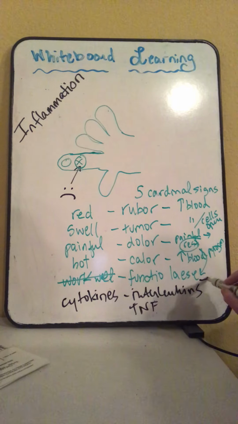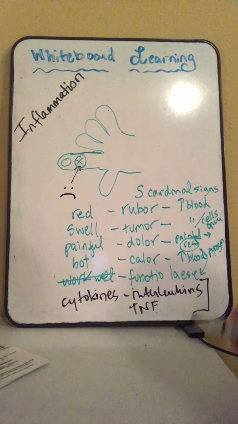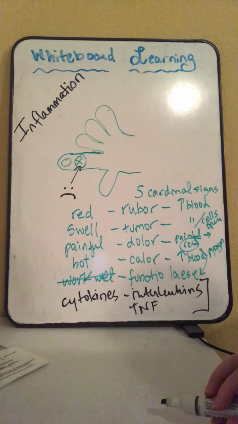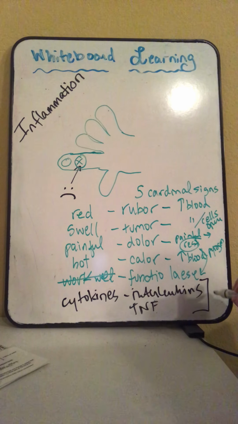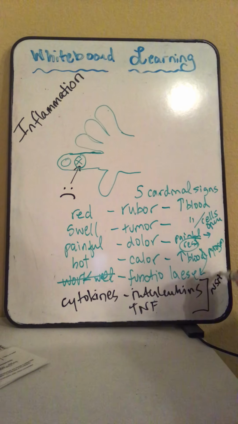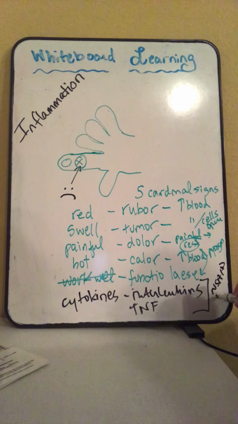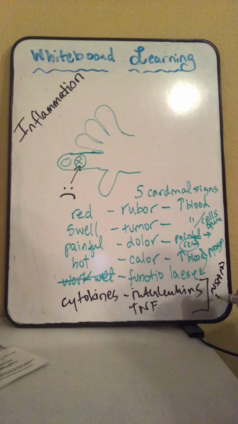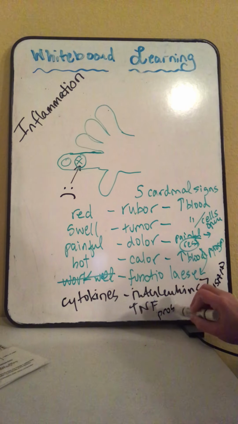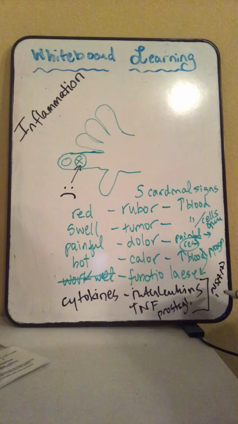And a lot of these things are what anti-inflammatories work against when we're trying to decrease inflammation. So steroids and non-steroidals will all work against some of these different inflammatory mediators like prostaglandins, etc.